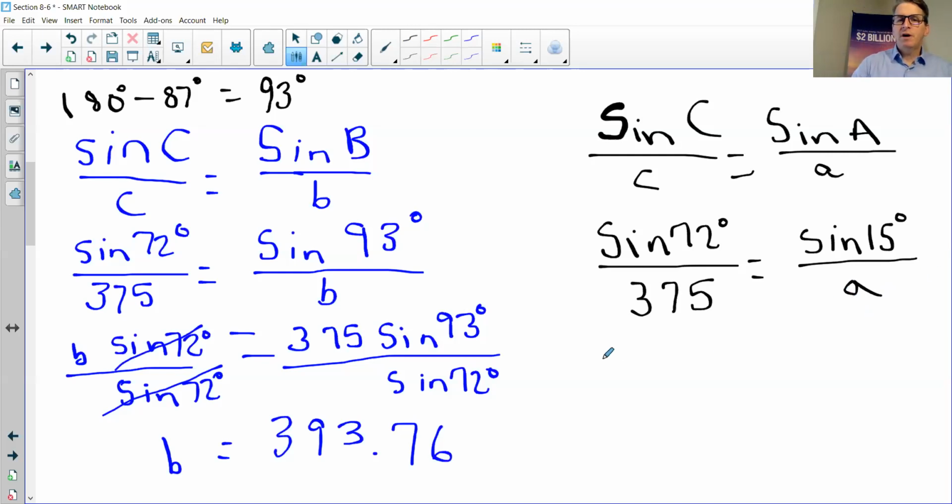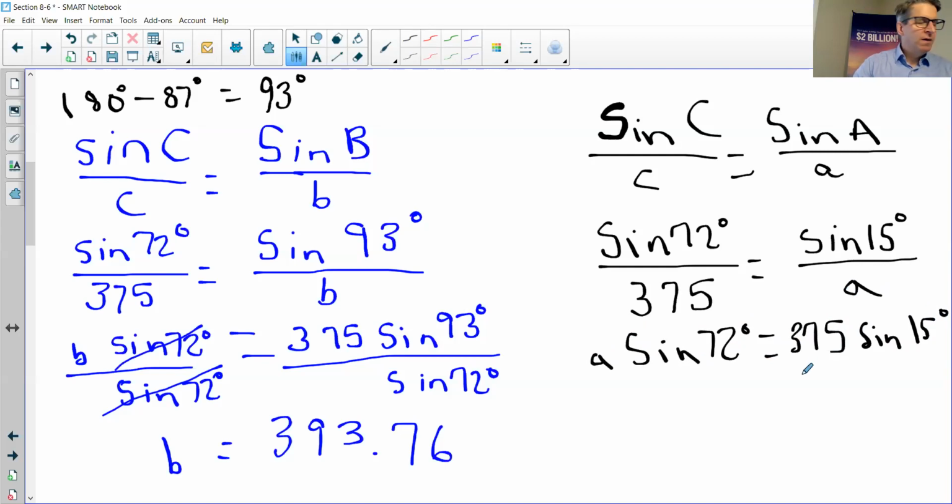So we have a times the sine of 72 is equal to 375 times the sine of 15. Now let's solve for a by dividing by sine of 72 on both sides.